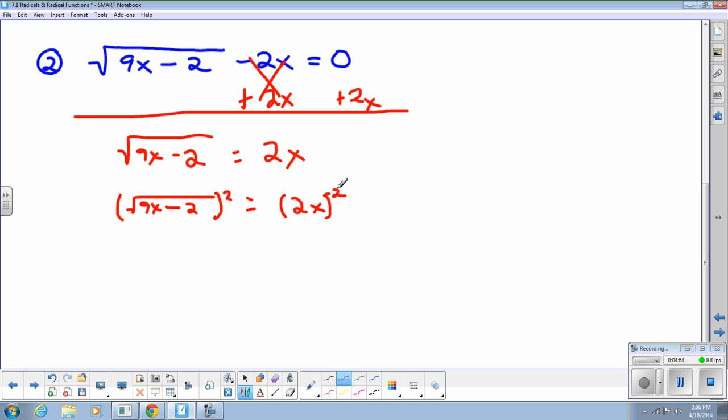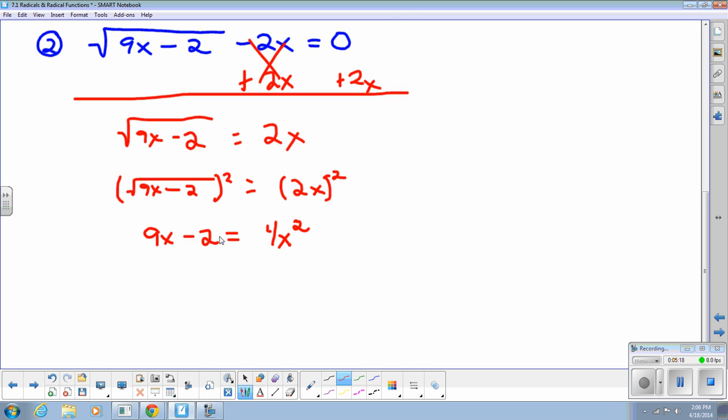This is the time we distribute it to both on the right side of the equation. On the left side, a radical squared gives me what's inside the radical, 9x minus 2. On the right side, I will distribute as I've been talking about: 2 squared is 4, and x to the first power squared is x squared.